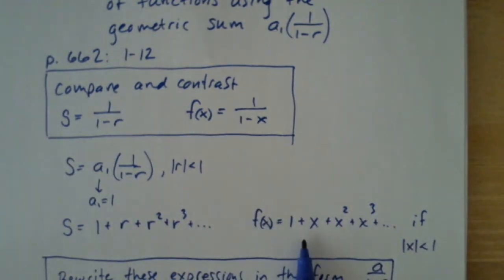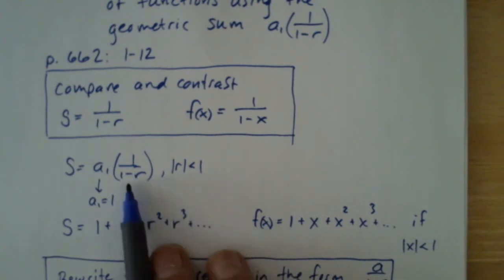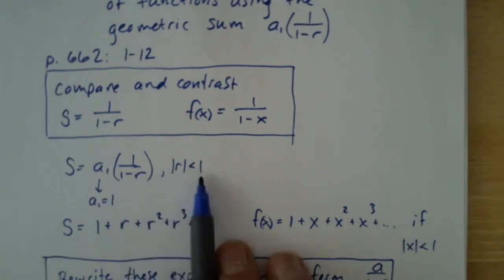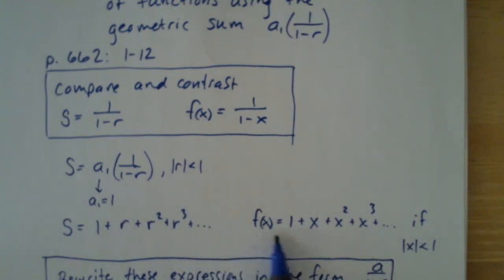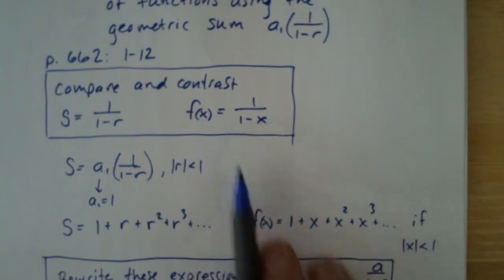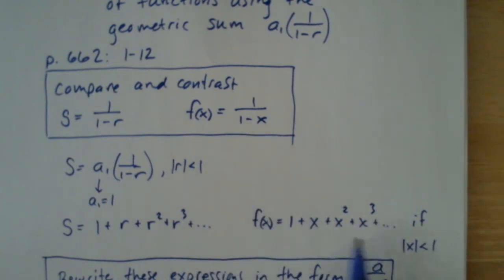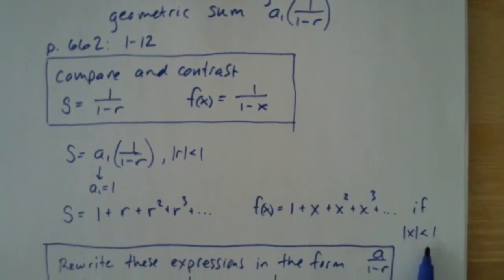So we need to remember that this is only true for the common ratio less than 1. So that means this series is the same as this function only when the absolute value of x is less than 1.